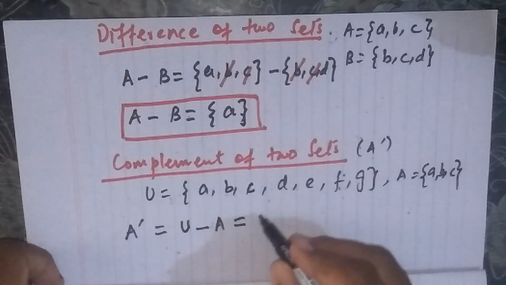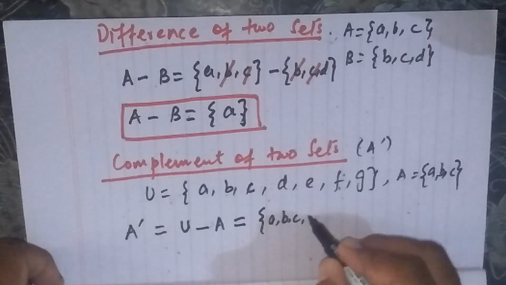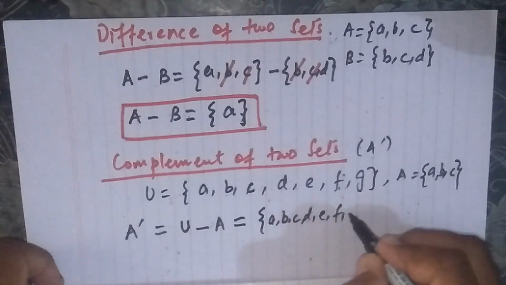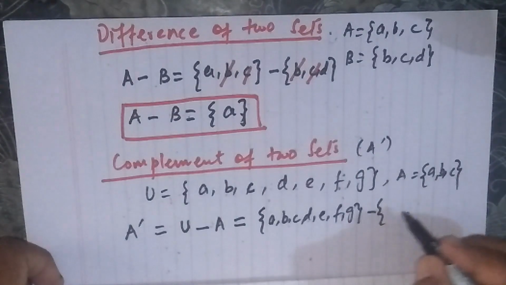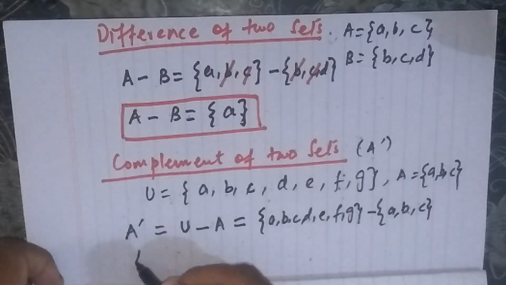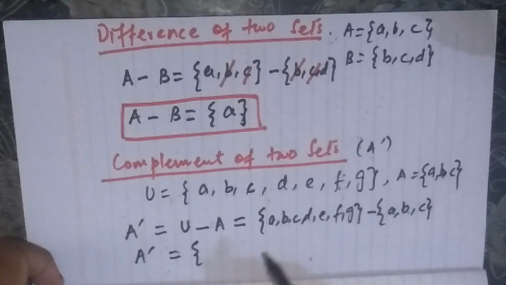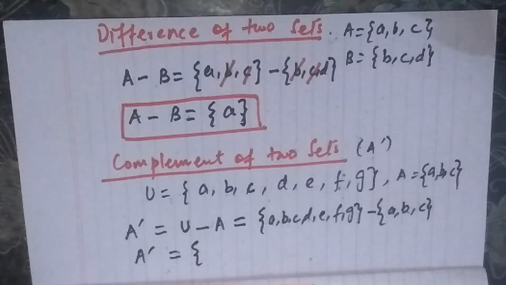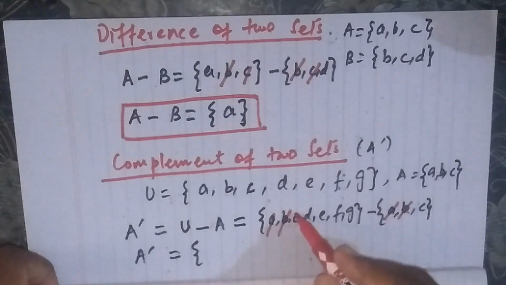So how do we calculate this? Universal set is A, B, C, D, E, F, and G, minus set A, which is A, B, and C. So taking the difference, A, B, C are eliminated. A is cancelled, B is cancelled, C is cancelled.